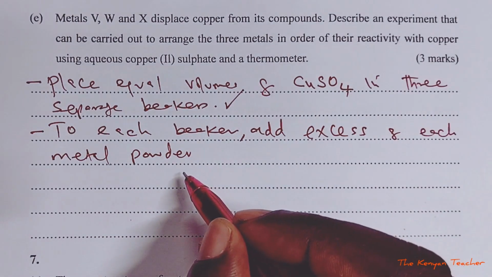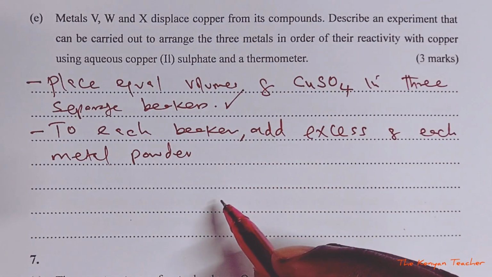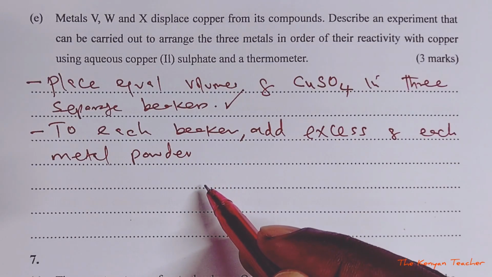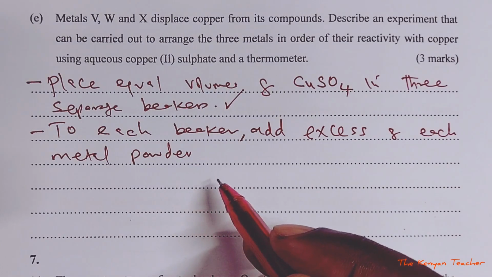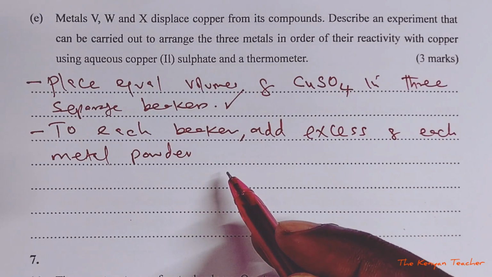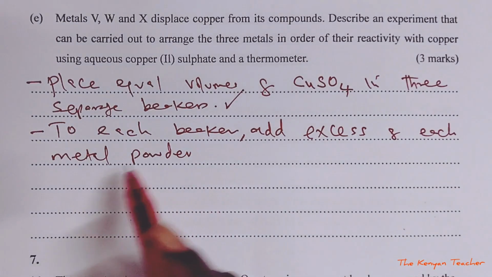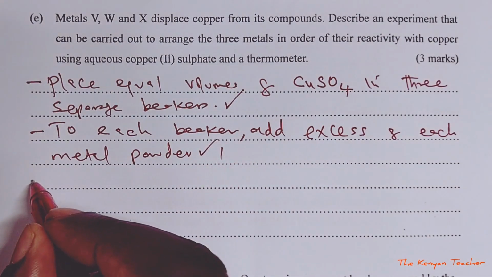So, instead of talking of adding excess of each metal powder to our separate beakers, a candidate would replace this with add the 3 metals until blue color of copper 2 sulfate fades completely. So those words would replace the step number 2 for 1 mark.